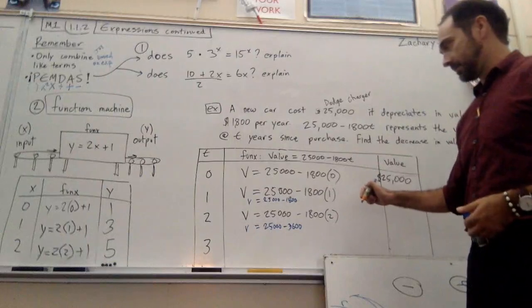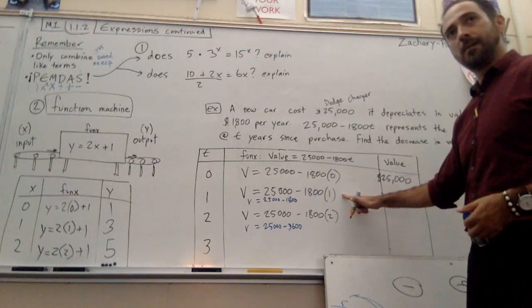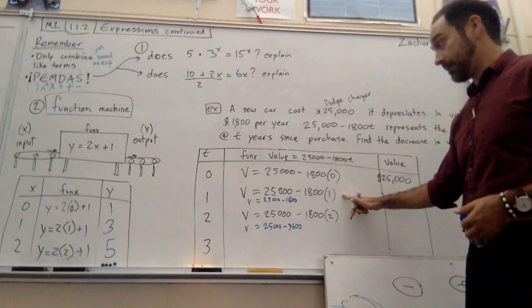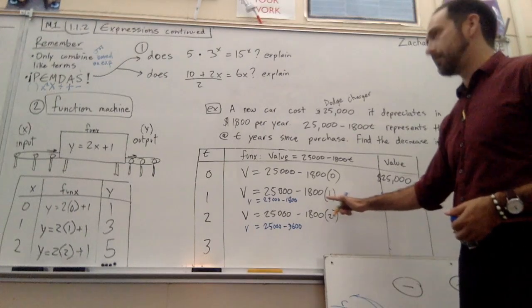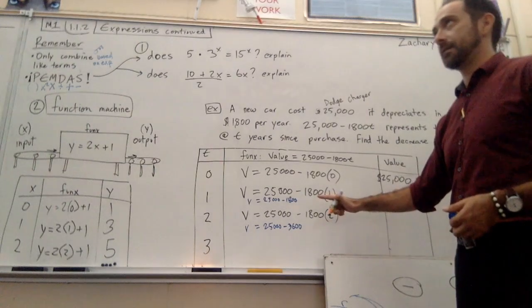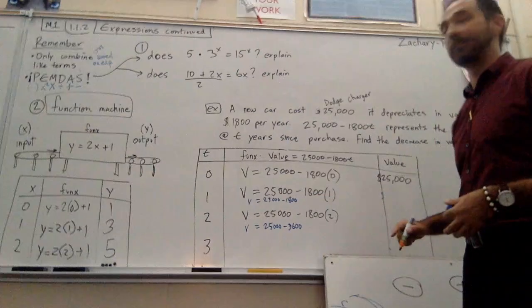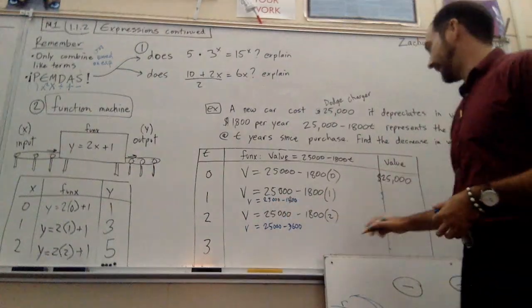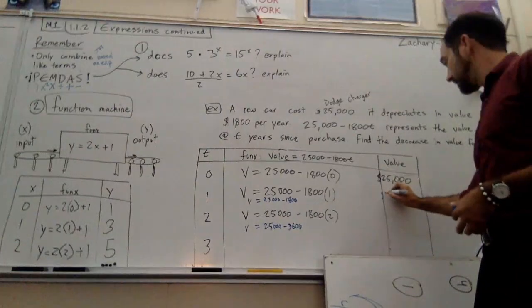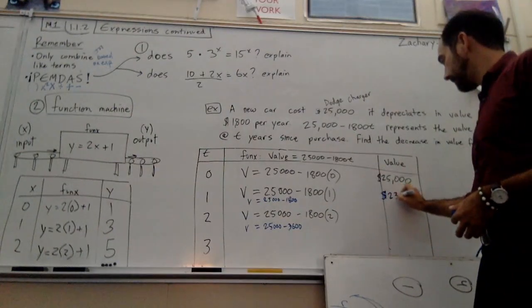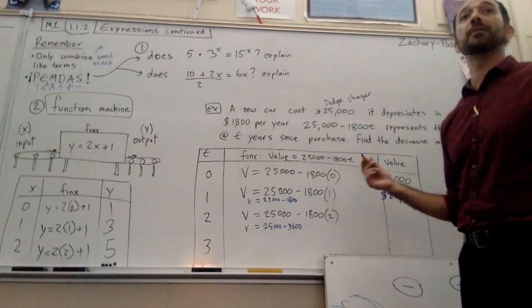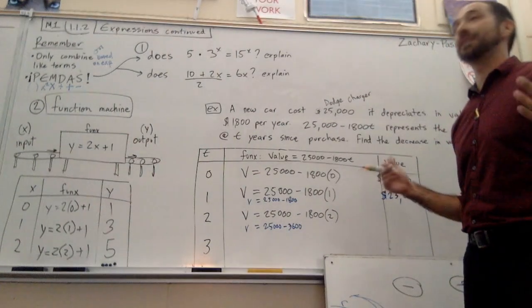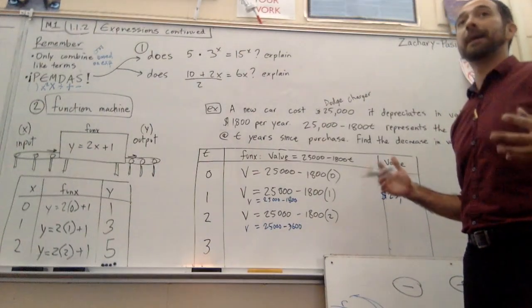So on the one, you should subtract the 1,800 from 25,000 one time. You subtract them from the total. Okay. And you get 23,200. Perfect. Everyone agree? Yeah, I see head shaking. Good. Anyone else mildly confident?